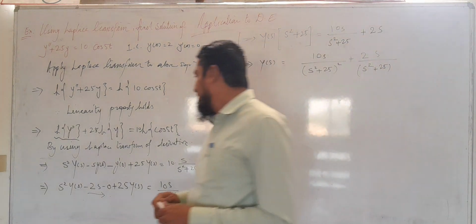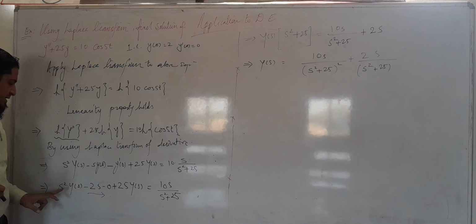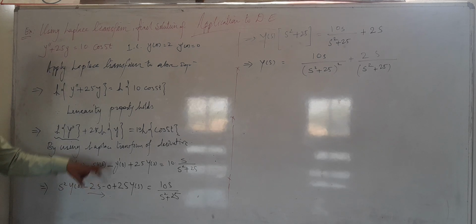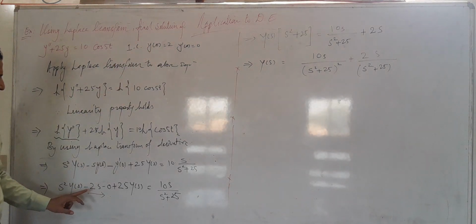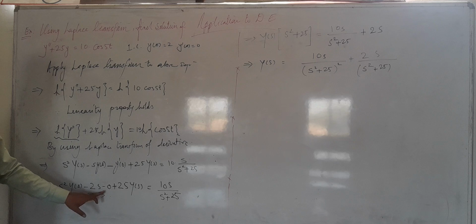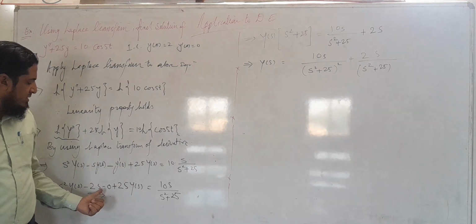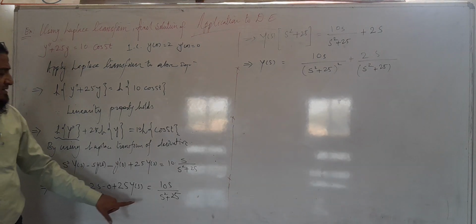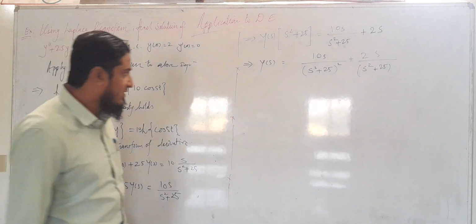Putting in the initial values, y of 0 is 2, so we have minus 2s, and y dash of 0 is 0, so we write minus 0, plus 25 Y of s equals 10s upon s square plus 25.